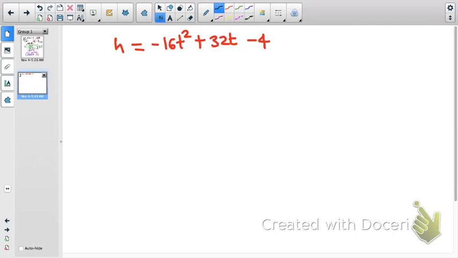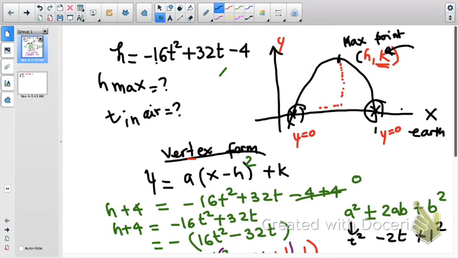So we know that this has to be 0 for us to find the time, and I explained it in the last page why it has to be 0, because at this critical point here, something happens. That's when the ball leaves the earth and gets back to the earth. And at these 2 points, the y coordinate is 0. So there's no height, because that's when it left the earth and then it's going back to the earth.